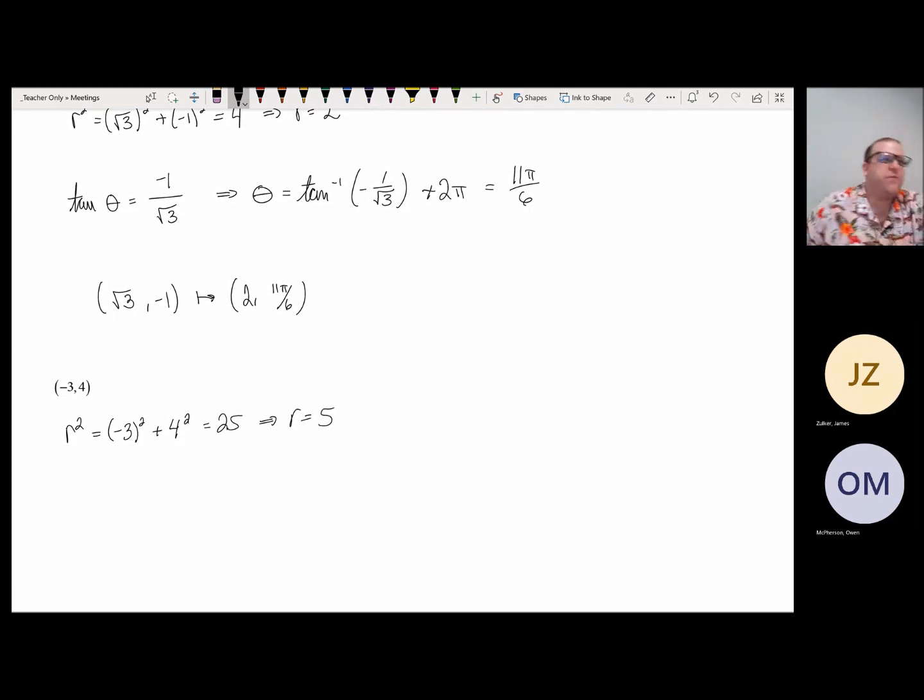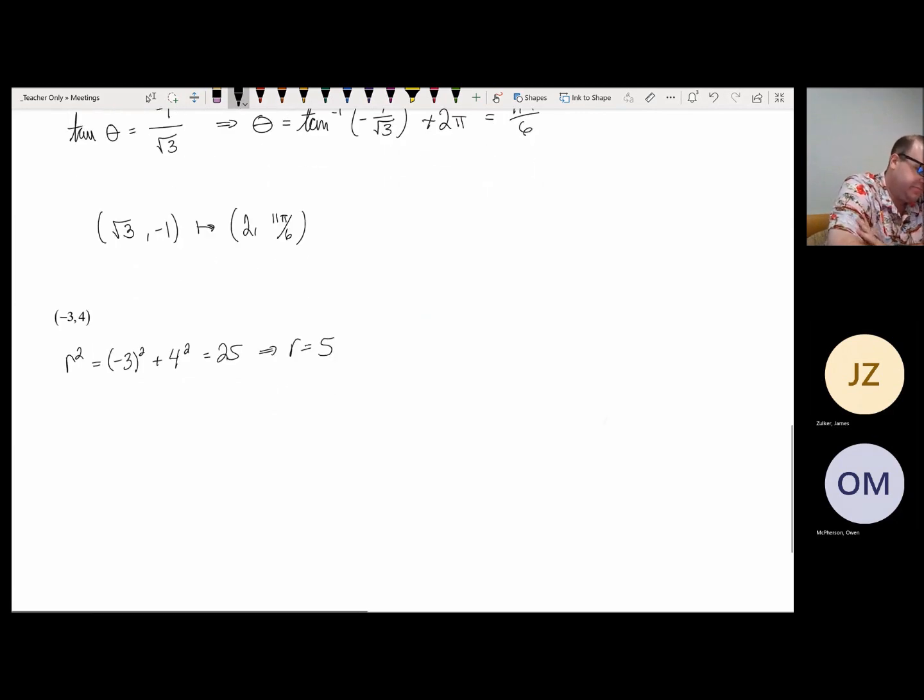The point -3, 4. -3 squared plus 4 squared is 25, means r is 5. Tangent of theta would be, I'm sorry, 4 over -3.